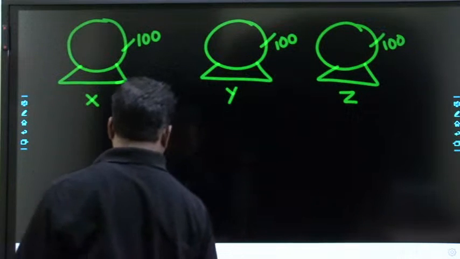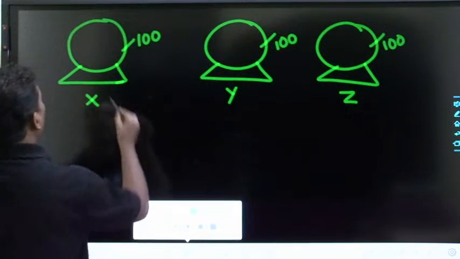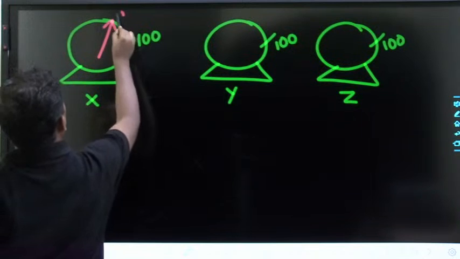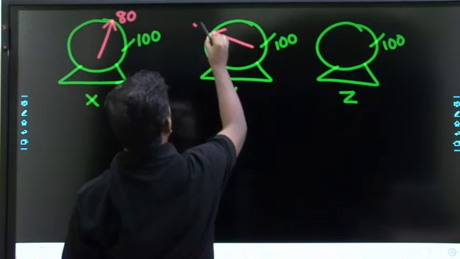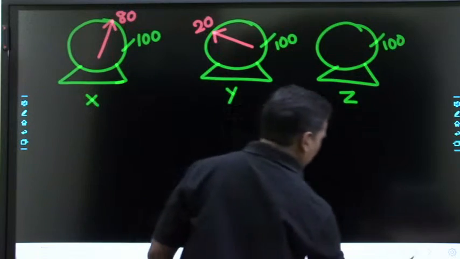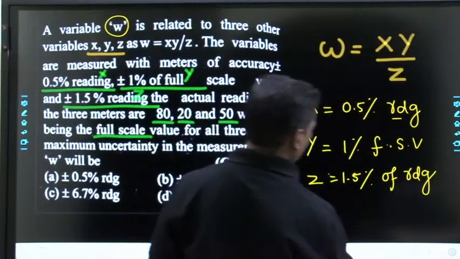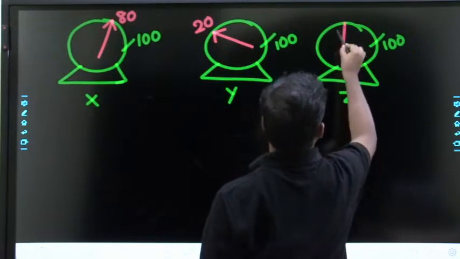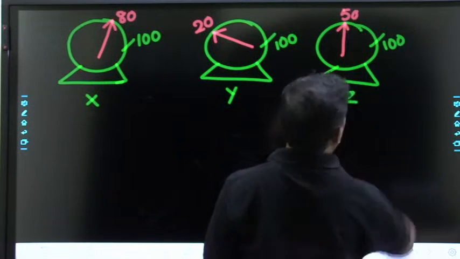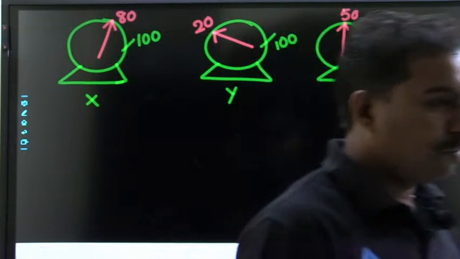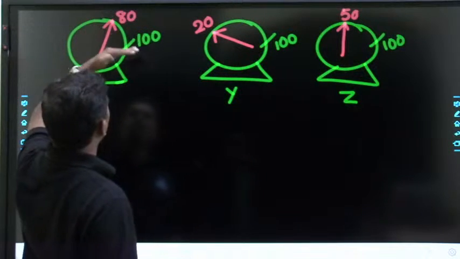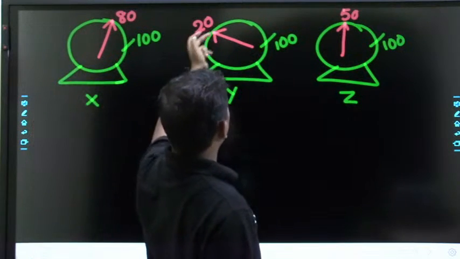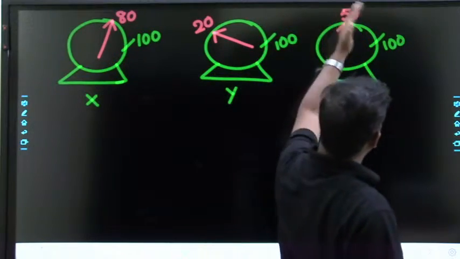The meter reading here is 80. The meter reading here is 20. And the meter reading here is how much? 50. All of you are able to see this, dear students? Okay. 80, 20, 50. The meter reading is 80, full scale 100. The meter reading 20, full scale 100. The meter reading 50, full scale 100.